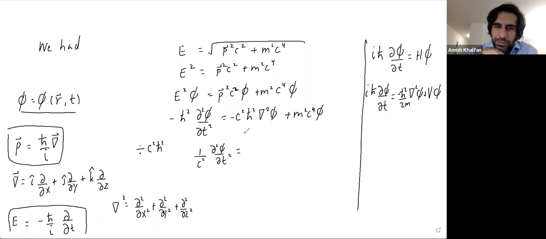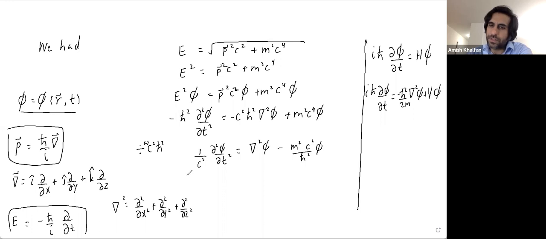For the first term on the right, the c squared will cancel, the h bar squared will cancel, and I'm dividing by minus c squared h bar squared, so the minus sign goes away, and so I'll have del squared phi. For the second term on the right, I have a minus sign, m squared c to the fourth becomes c squared, and you have an h bar squared on the bottom.